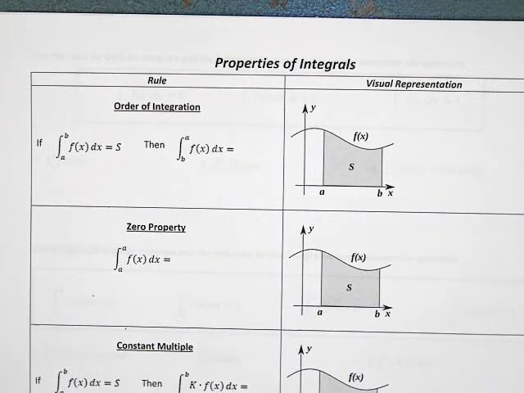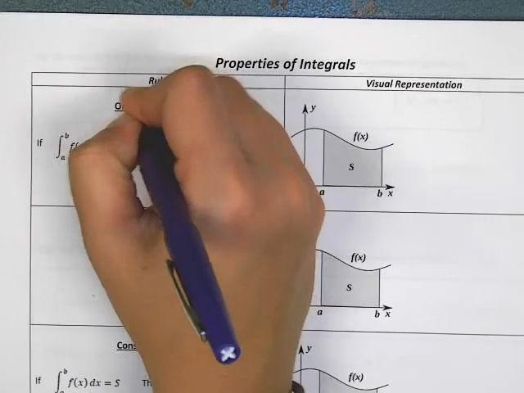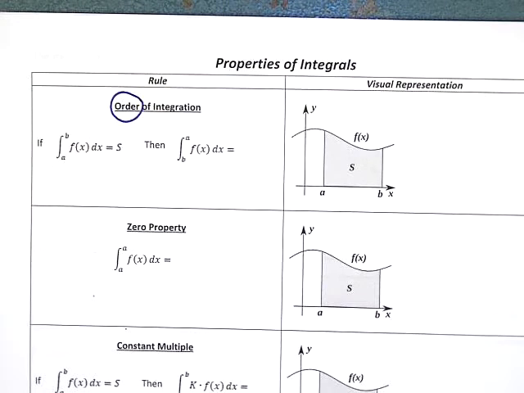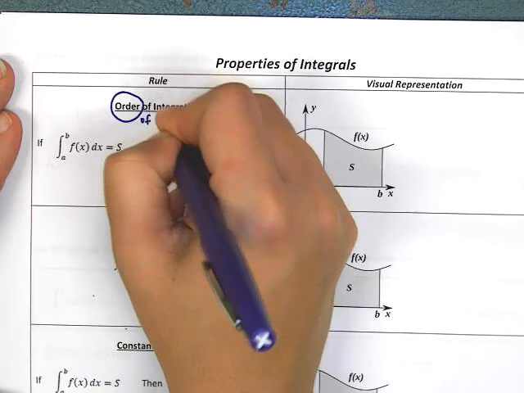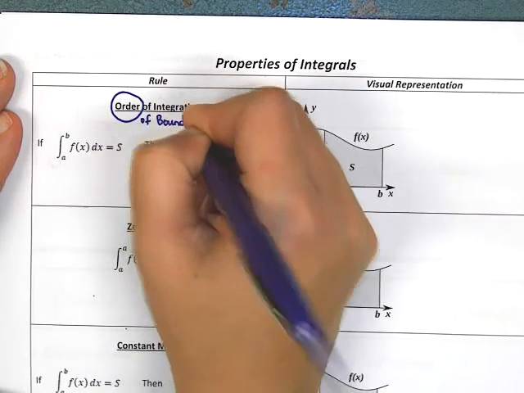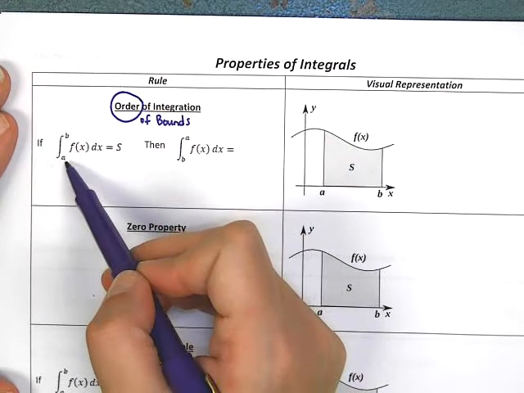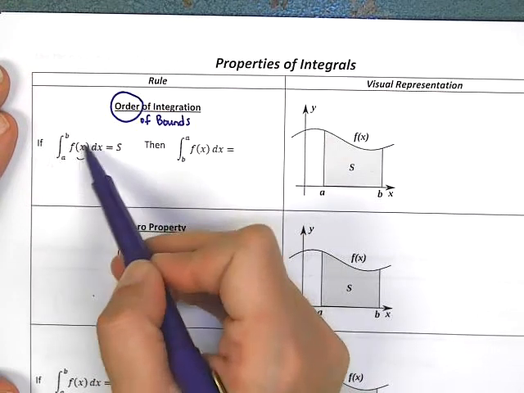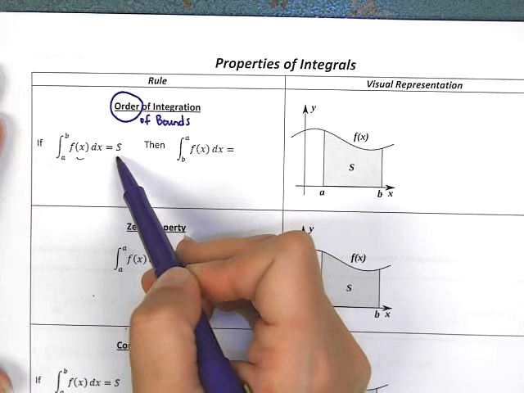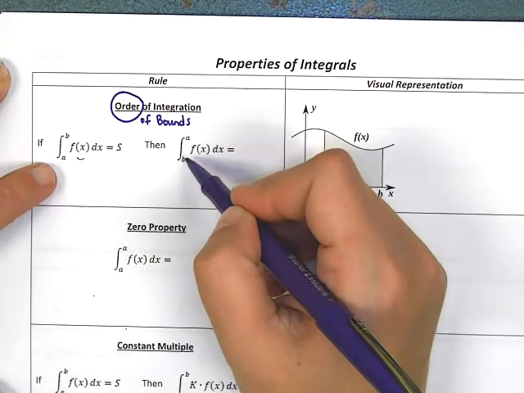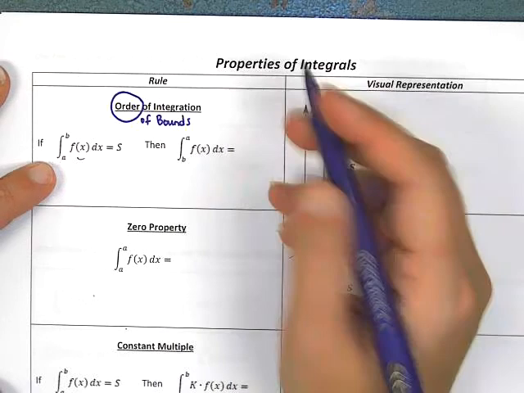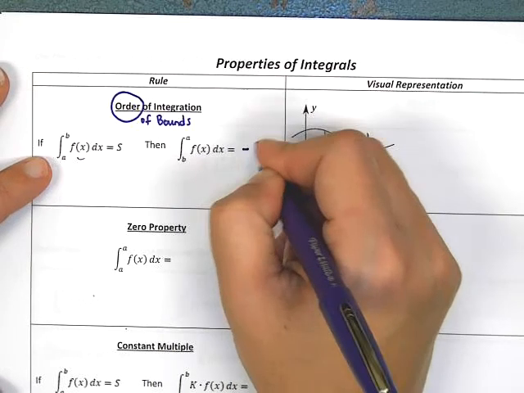The first rule concerns the order of integration. Now, order means literally the order of the bounds. And what this rule says is that if you know that the integral from a to b of a certain function is worth s, say s is 5 or 7 or 9, then the integral from b to a, in other words, you flipped the bounds around, will just be the opposite number.